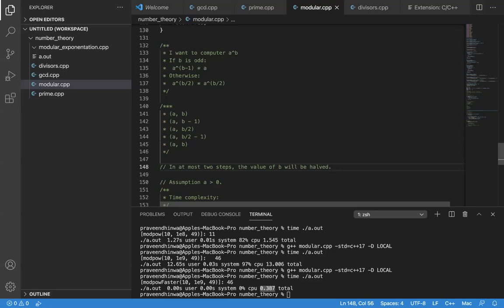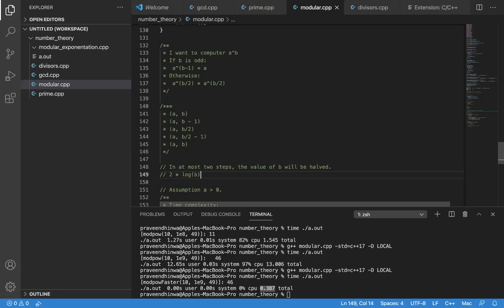So you have some value of b, and in at most 2 steps you are dividing it by 2. How many steps can you take in the worst case? In the worst case, you can take 2 times log of b. Suppose in a single step you are dividing b by 2.